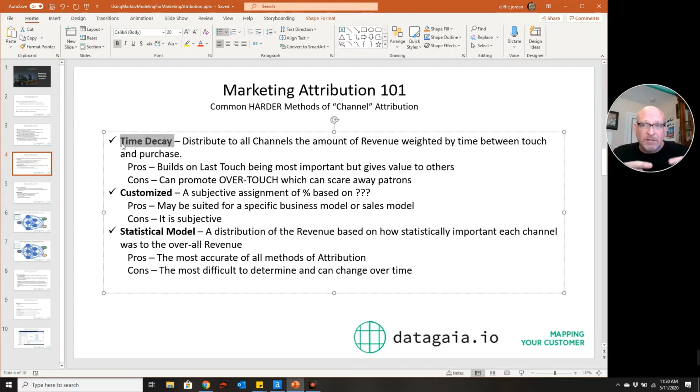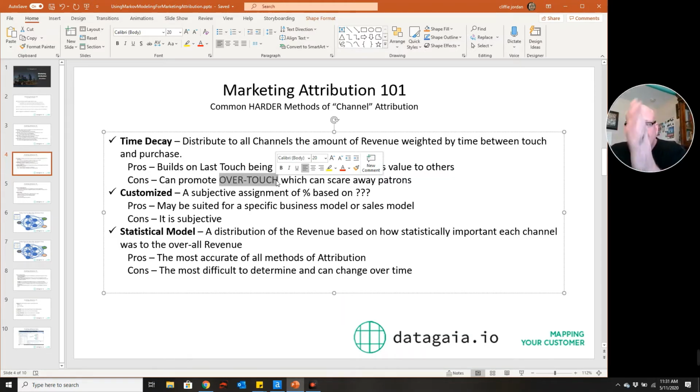One of the additional cons, in addition to not being that accurate, is that it can promote overtouch, which can scare away patrons. An overtouch situation is where, if I'm using time decay, I could quickly come to the conclusion, well, if I just hit him over and over again in repeated times, eventually he's going to cave and buy the product.